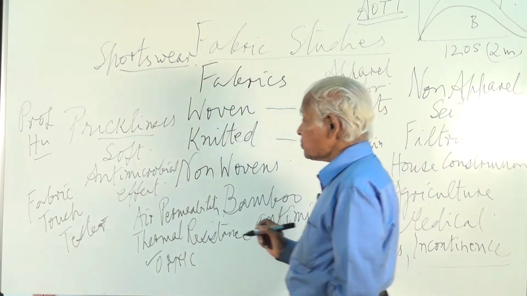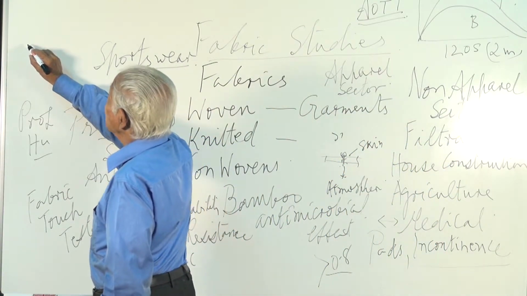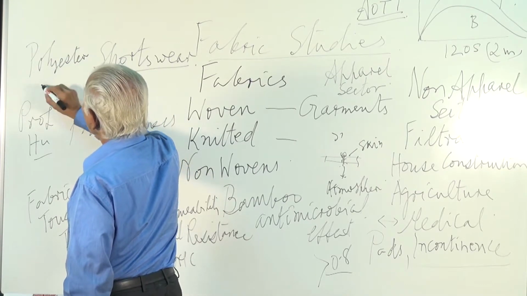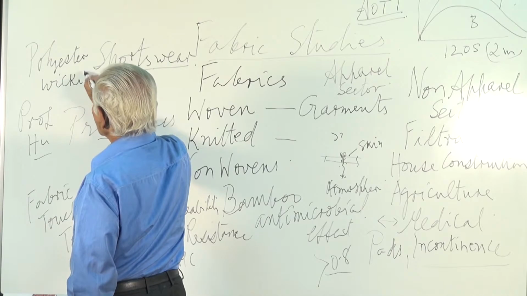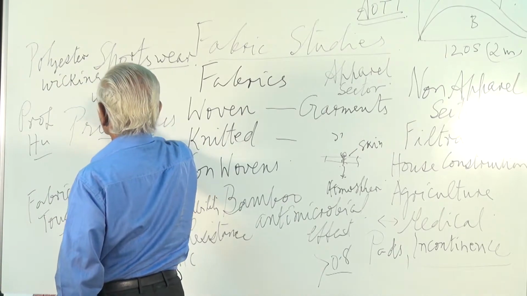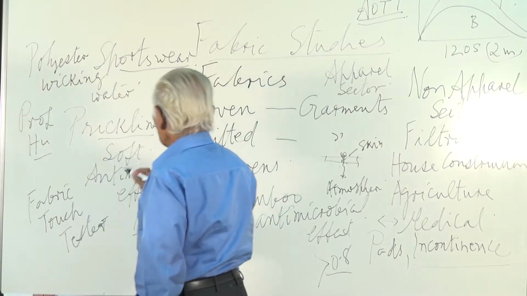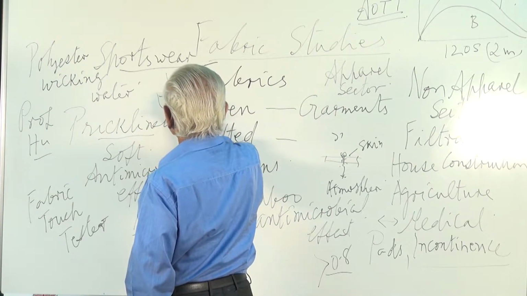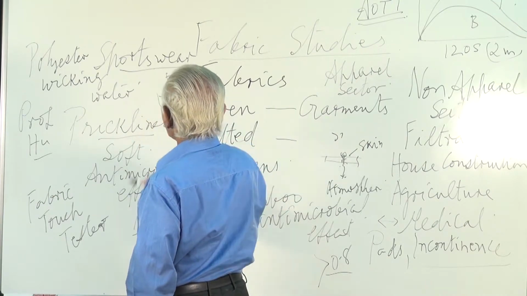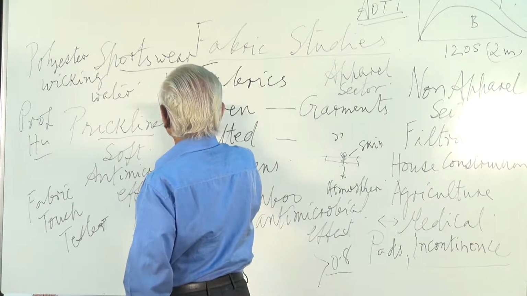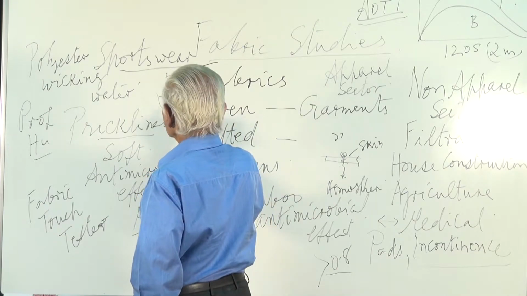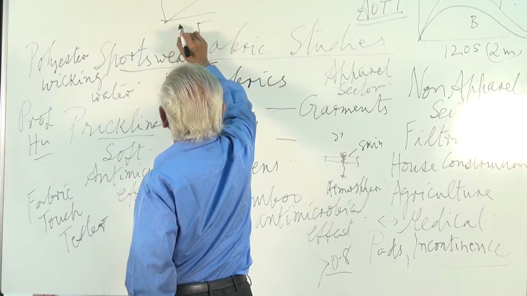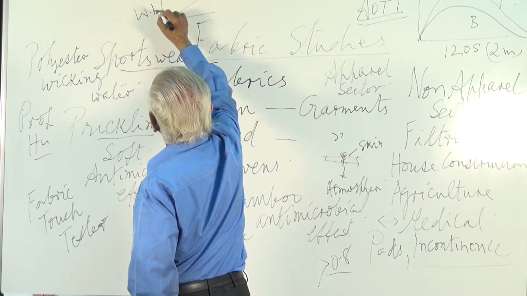But one interesting aspect about this polyester is that polyester wicks better than cotton. Wicking is nothing but the spontaneous taking up of water. Suppose a yarn is immersed in a beaker containing water, due to capillary action the water level increases, and if measurements are taken of the height of the water level as a function of time, you will find that it gives a curve of this nature, this being time, this is the wicking height.